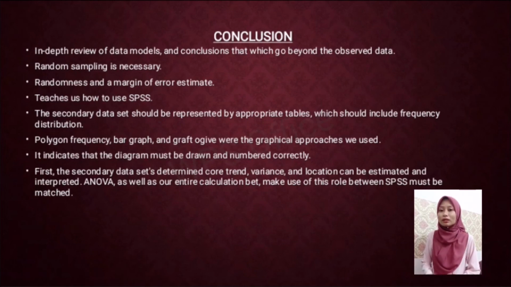There are two types of frequency distribution: relative frequency distribution and cumulative frequency distribution. Polygon, frequency bar graph and ogive graph were the graphical approaches we use. It indicates that the diagrams must be drawn and numbered correctly.